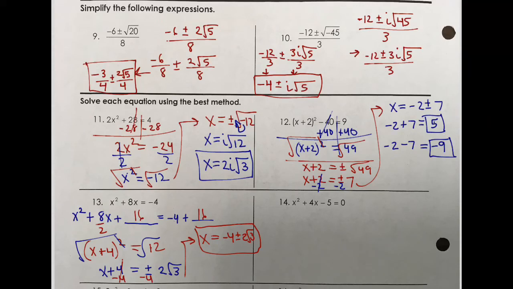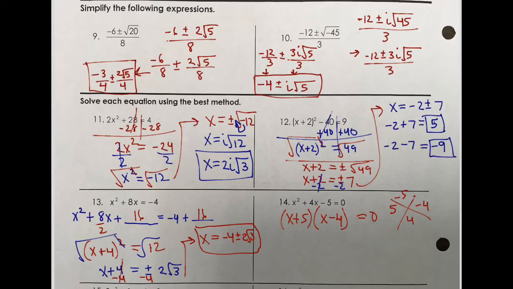In this case, you can. So negative 5, 4. Our two numbers are going to be 5 and negative 1. That leaves us with x plus 5, x minus 4 is equal to 0.